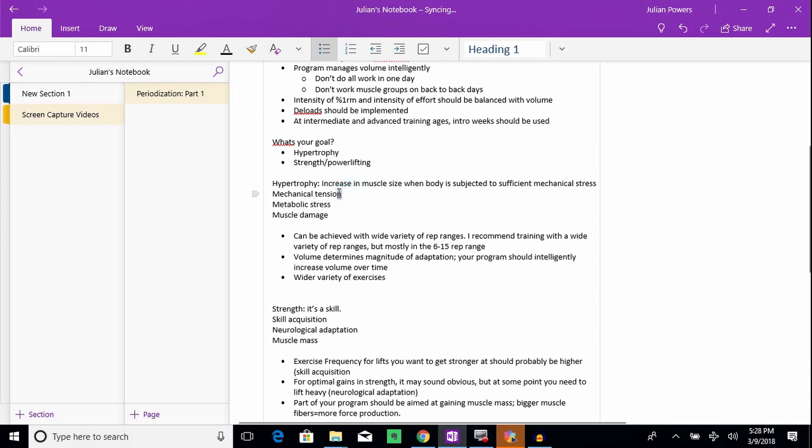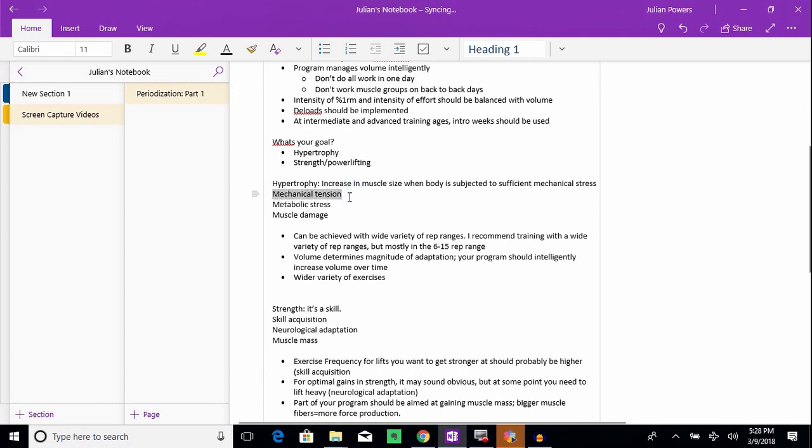I do have to make a note on this first: these three things have been touted to cause muscular hypertrophy, but so far the only one that has been able to cause muscular hypertrophy independent of the other two is, I think, mechanical tension.